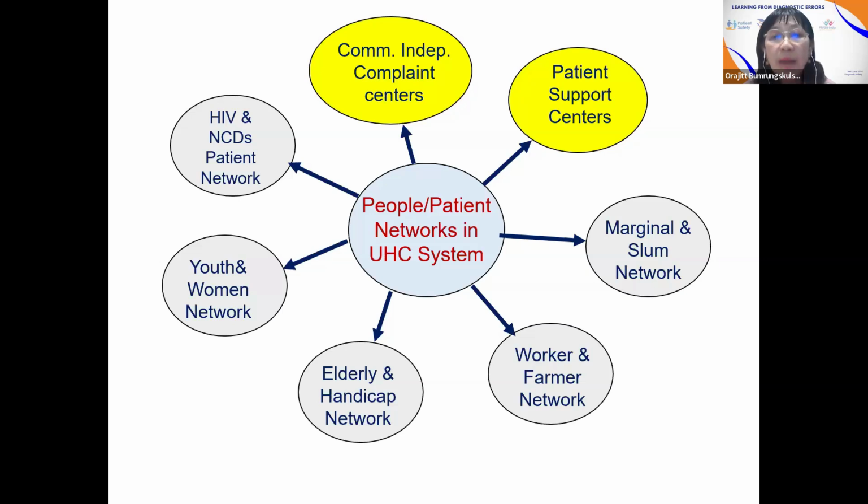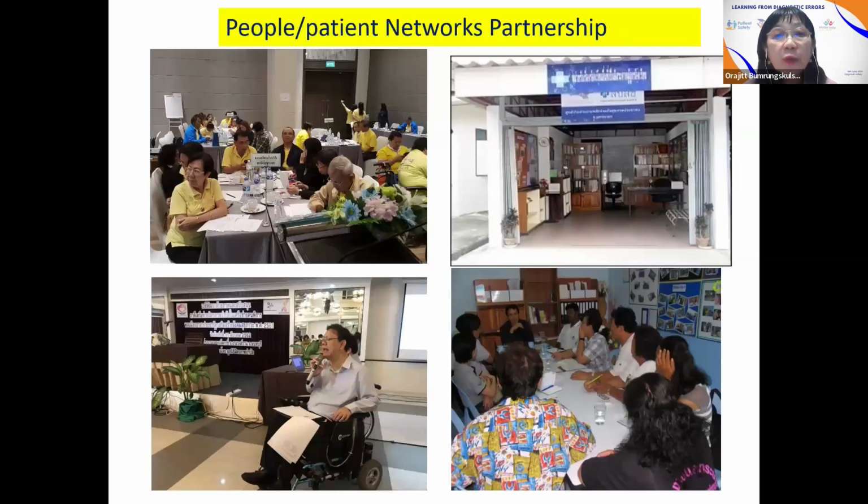They are patient organizations, mainly of NCD patients and high-cost care patients. Next, please. You can see the activities that the patients are involved in, and on the right-hand side you can see one center in the northeast of Thailand. They are quite active. Next, please.